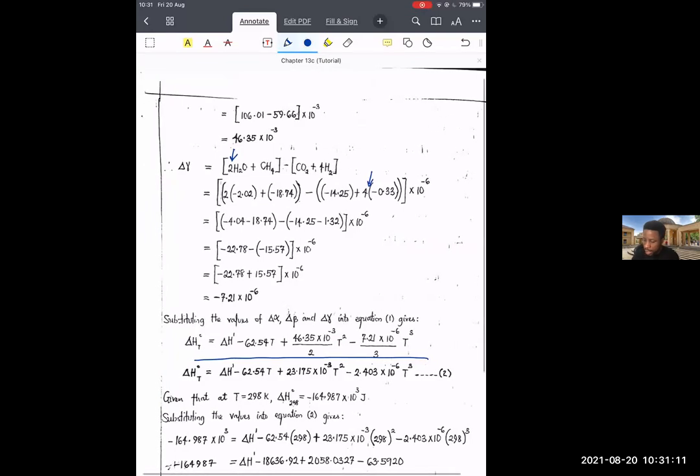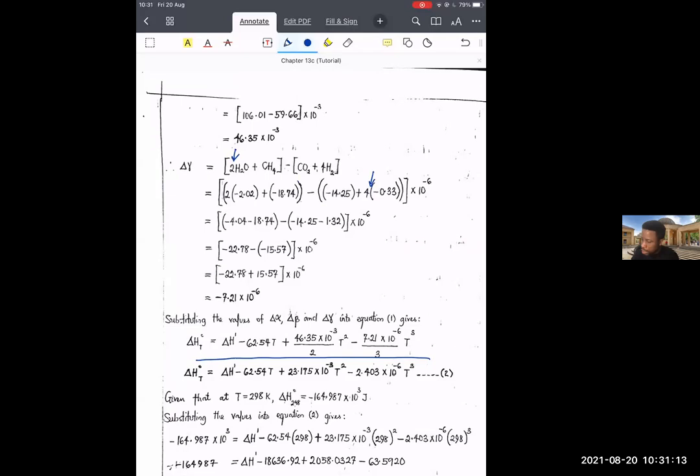This is the change in alpha value. This is the change in beta value. And this is the change in gamma value. Are we still together? So we plug that in.